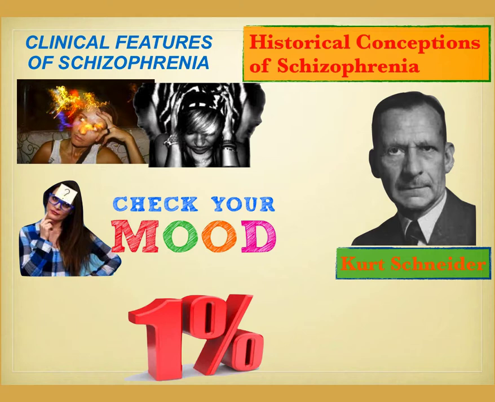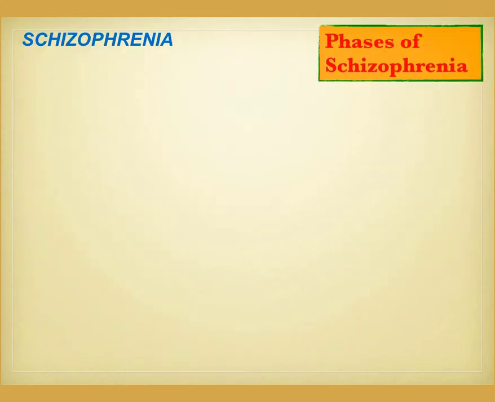However, in any population of 100 million people, there would be 1 million people affected by schizophrenia. Canada is not that big, but you're still looking at a very large number, about 350,000 people with a diagnosis of schizophrenia.